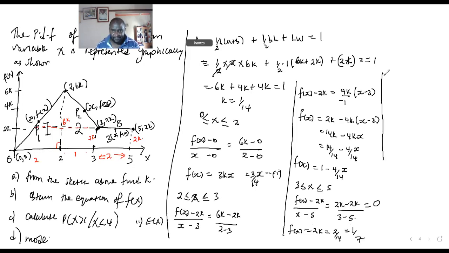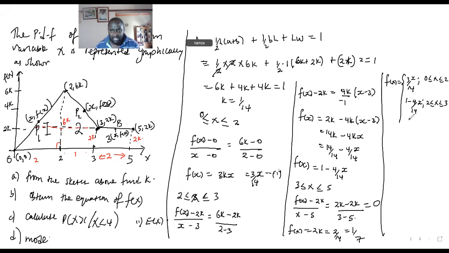Finally, our equation of f of x will become: the first region was 3 out of 14 of x between 0 less or equal to x less or equal to 2. The second one has been 1 minus 4 out of 14 of x. That is between 2 less or equal to x less or equal to 3.